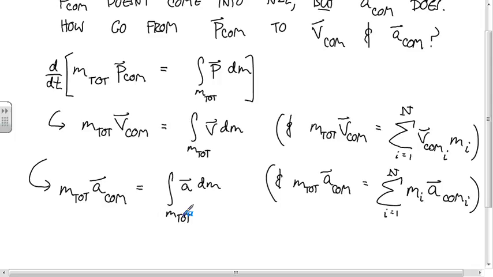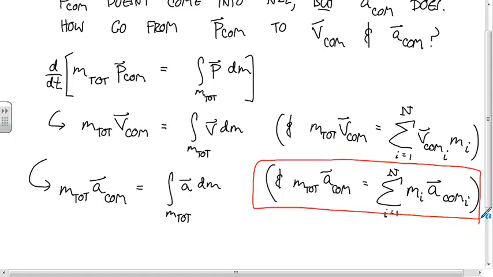And notice one other useful thing about this formula. The way that center of mass comes up in Newton's second law is as a sum of all the masses. It doesn't just come up as the location of the center of mass.